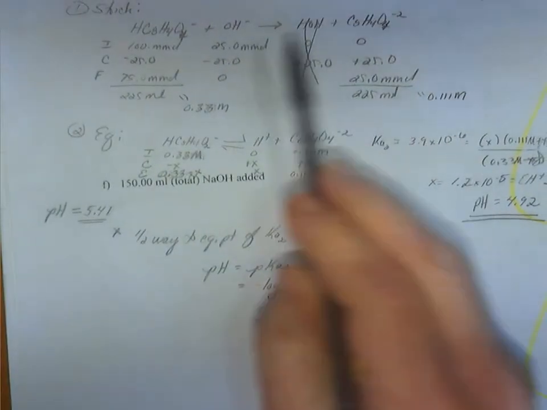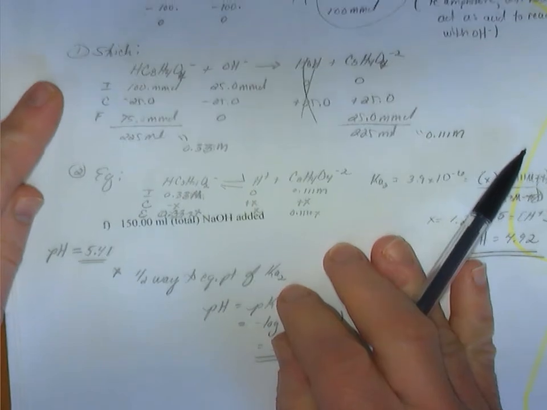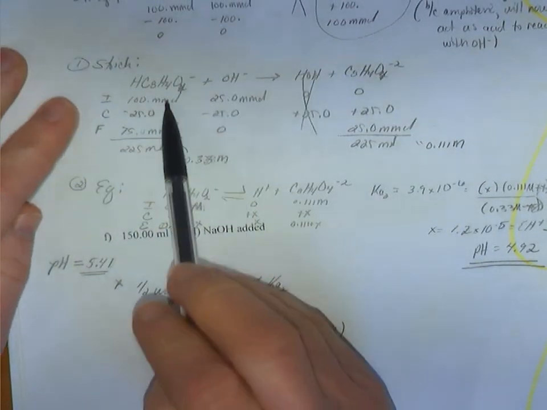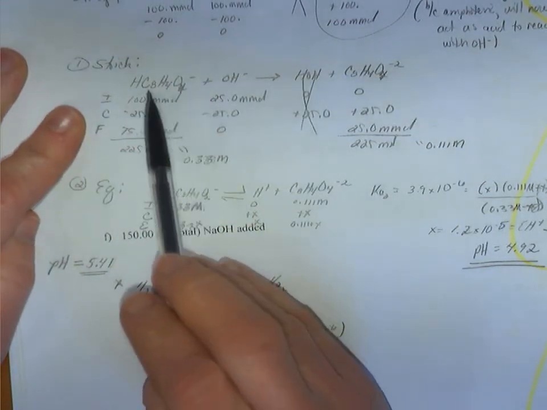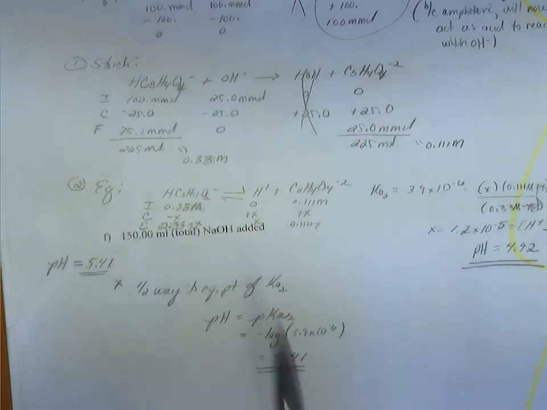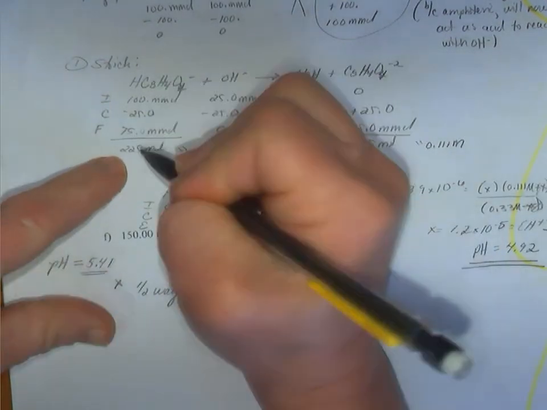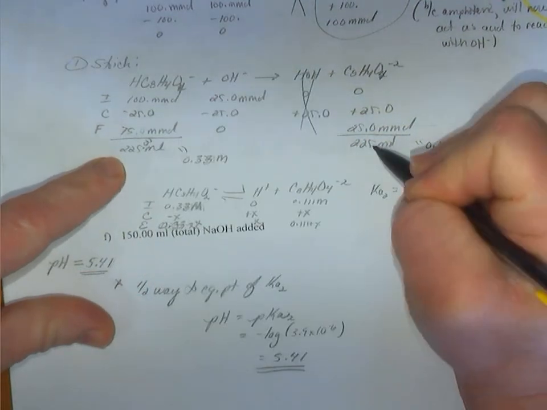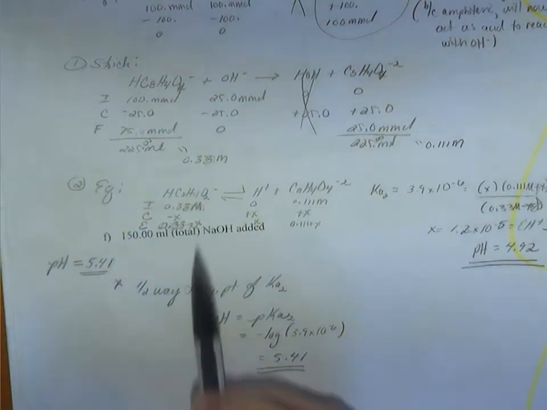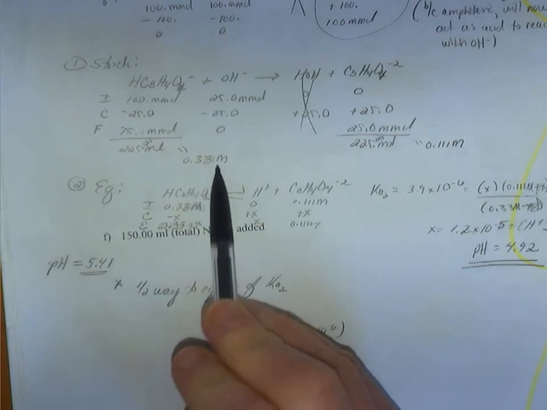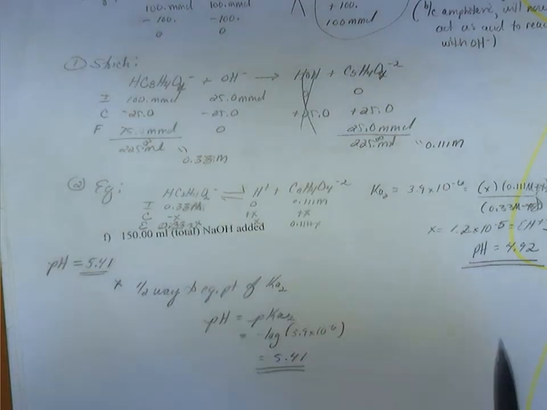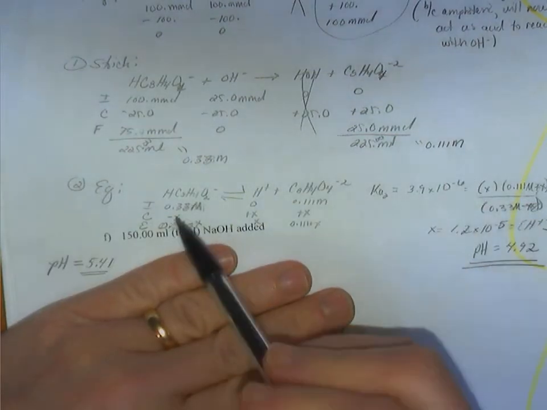So, I have the rest of my work shown here. This would be the ICF table with the hydroxide reacting with the conjugate base, or now our second acid. Now we're at 225 mL. Need to correct my sig figs there. But we're just constrained to 2 sig figs and then 3 for our concentrations. We then plug in.